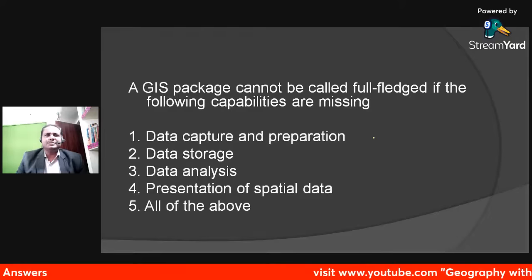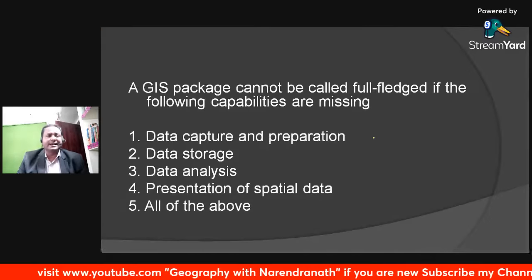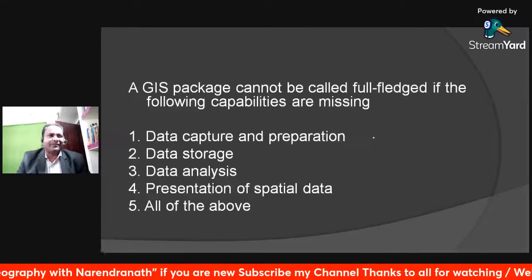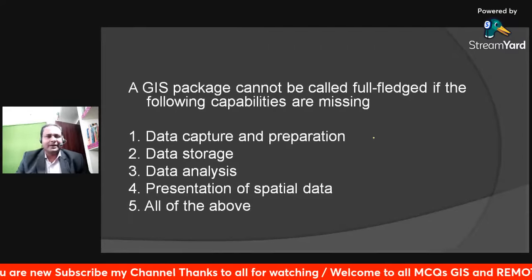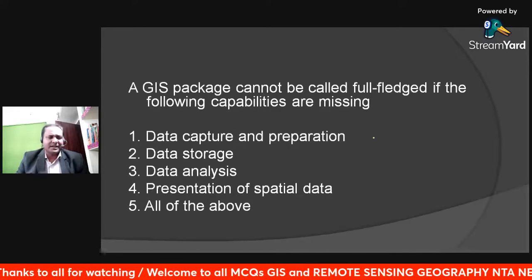So all of the above are very important: data capture and preparation, data storage, data analysis and presentation of the spatial data.